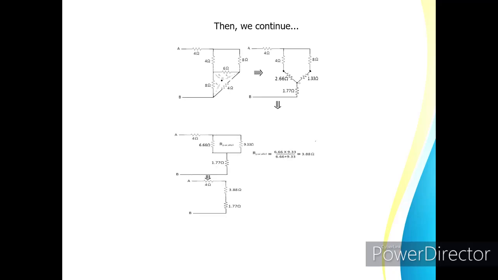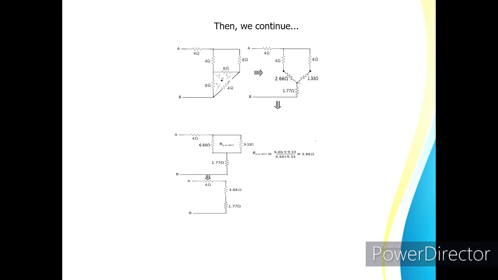After you get RA, RB and RC, the circuit changes to Y conversion form. Next, it forms a parallel circuit. So to find the total R in parallel, you need to use the R total formula. Then you will get the value.